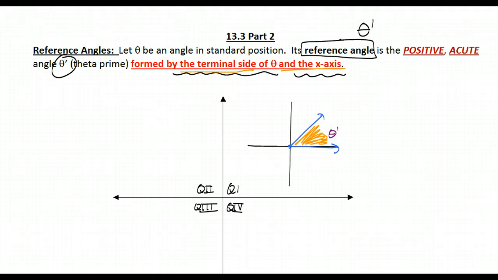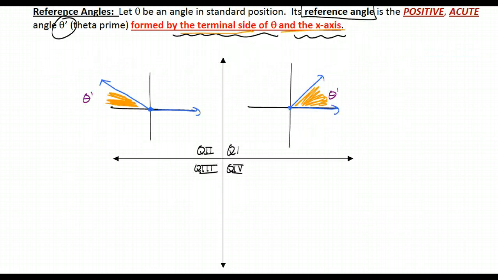Let's look at what it would look like in quadrant 2. If it lands in quadrant 2, it would be over here. And again, it's the terminal side and the x-axis. So x-axis down here, so the reference angle would be right there. We'll draw a picture for each one of the quadrants. In quadrant 3, it lands down here.